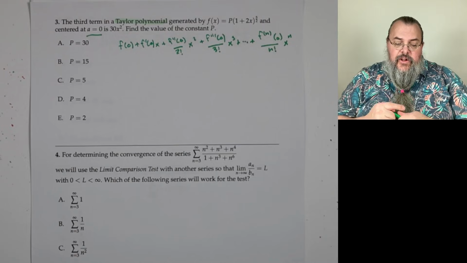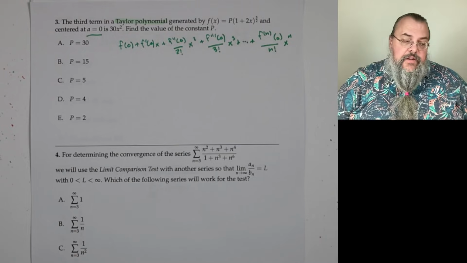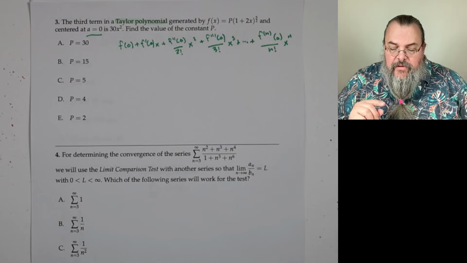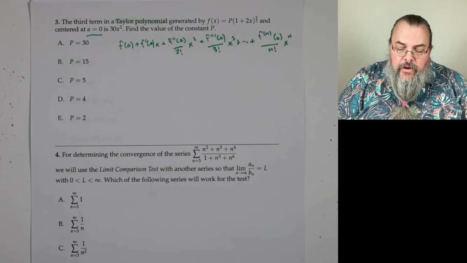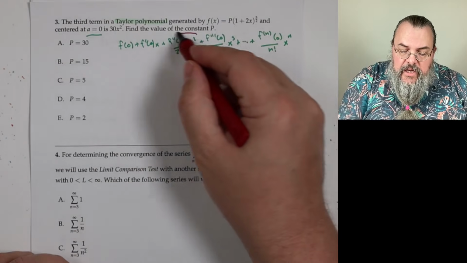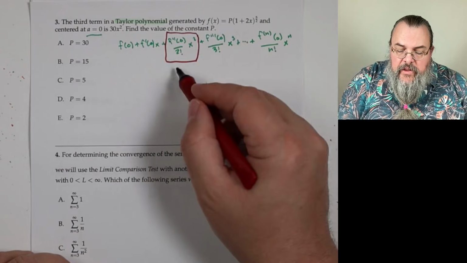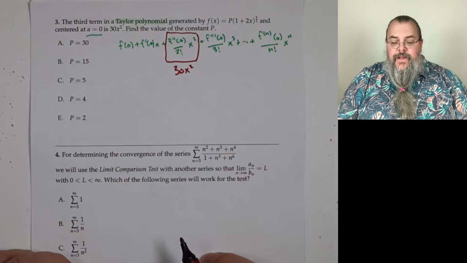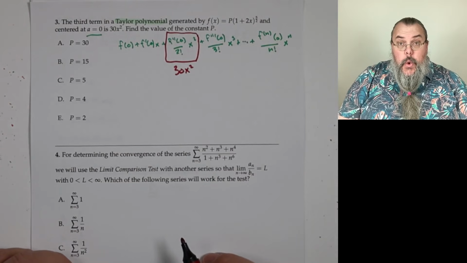So that's what a Taylor polynomial is doing. It doesn't tell us the degree, but we don't need to know the degree because we're told that this piece right here is 30x squared. So we're like, oh.